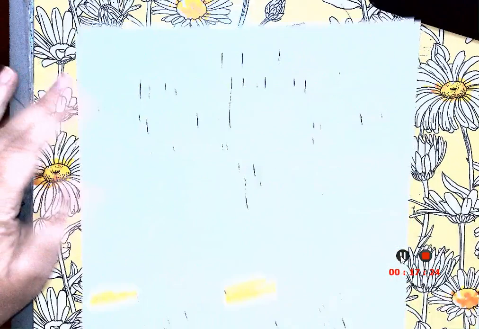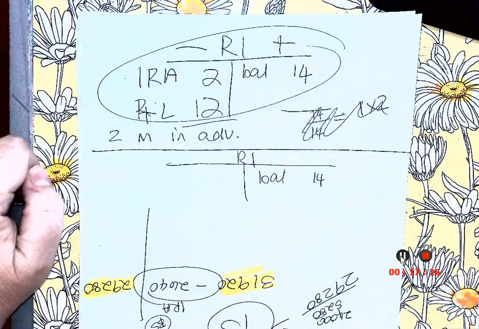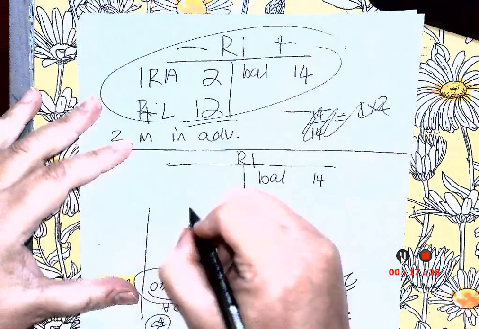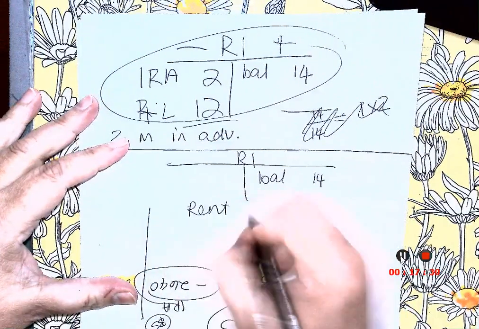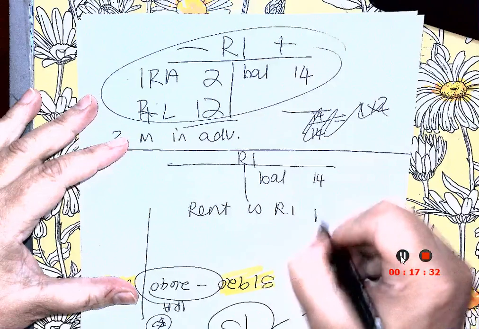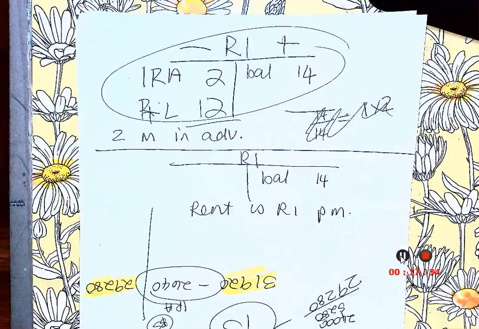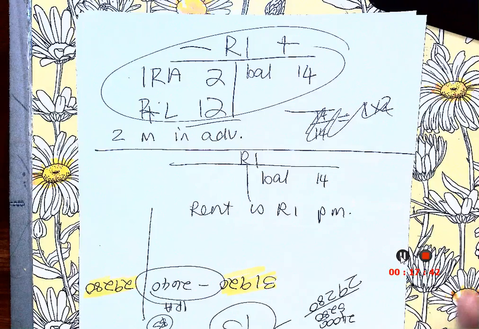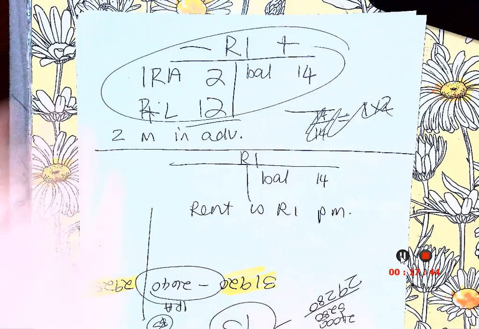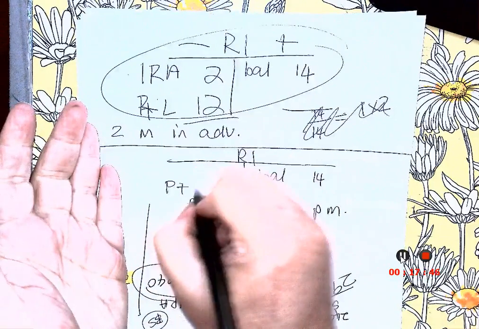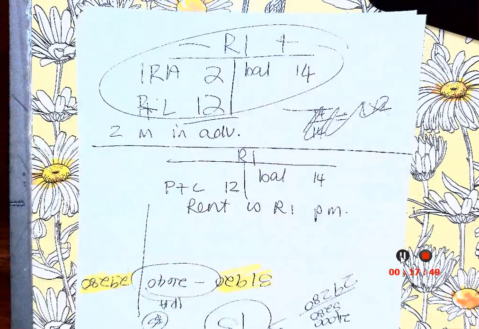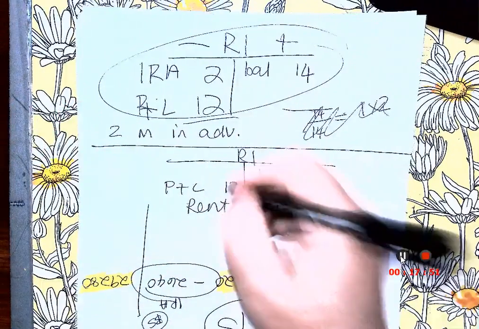But now they don't tell me 2 months are in advance. They tell me rent is 1 rand per month. Now what can I calculate if they tell me what the rent is? I can calculate how much I'm supposed to receive. So I know I'm supposed to receive in profit and loss 12 rand, because I say 12 times 1.